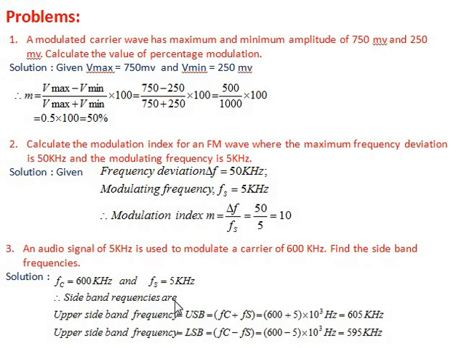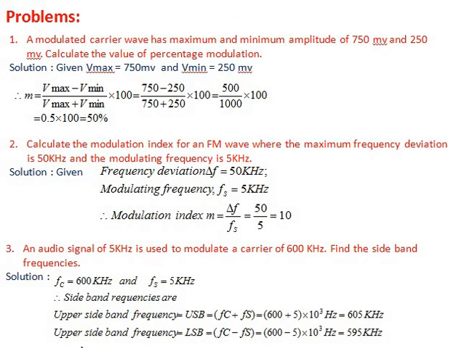Therefore the sideband frequencies are: the upper sideband frequency, USB in short, is equal to fc plus fs, equal to 600 plus 5 kilohertz, that is equal to 605 kilohertz.